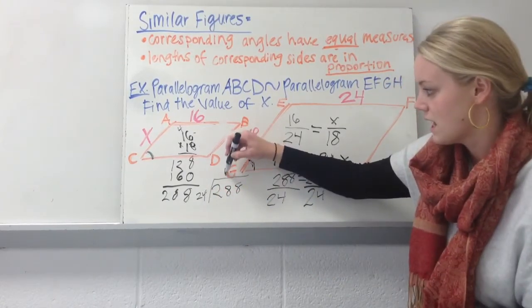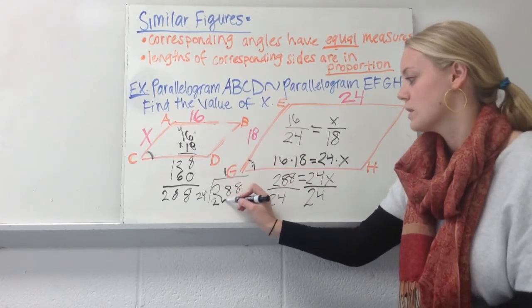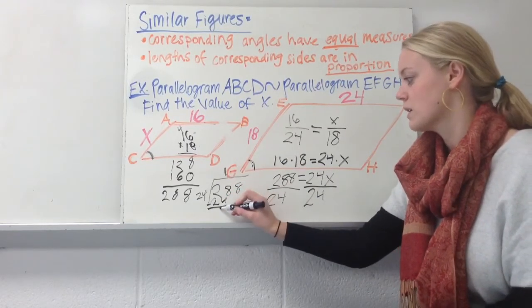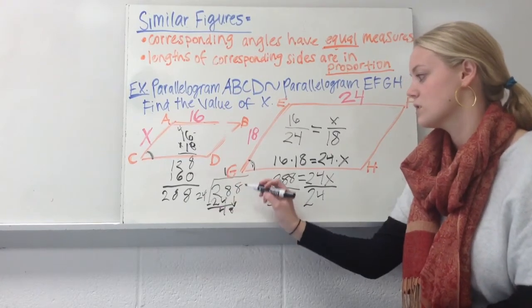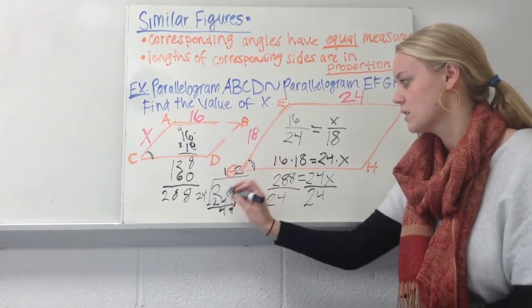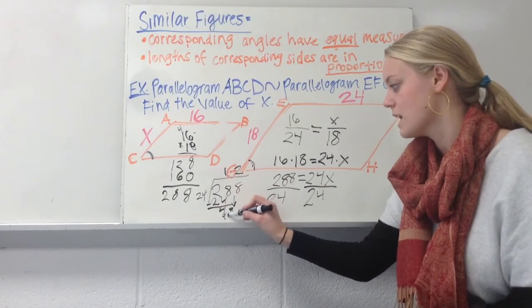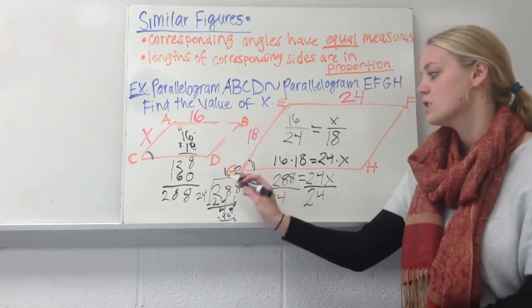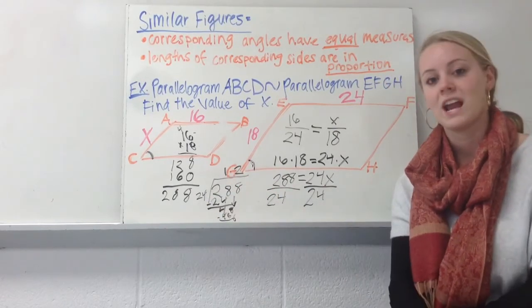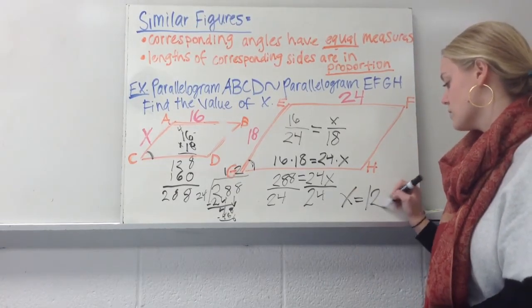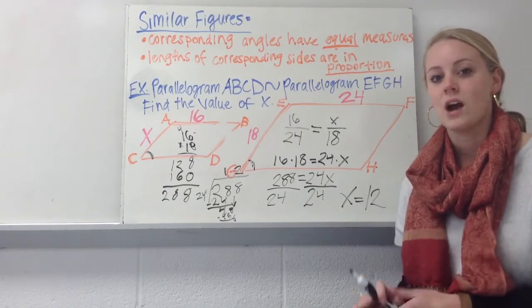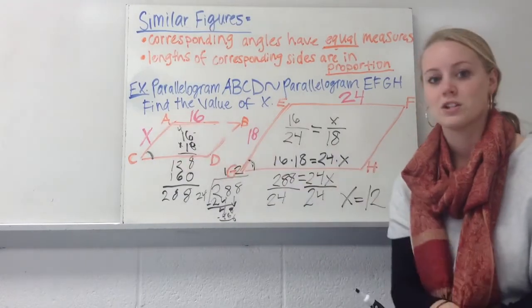That is 1 time. 28 minus 24 is 4. Bring down our 8. 24 goes into 48 2 times. 2 times 24 is 48 with nothing left over. So 24 goes into 288 12 times. So we know that our x equals 12. And this is how we found the measurement of the length.